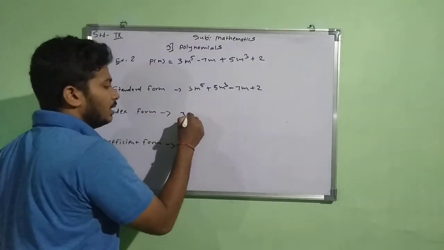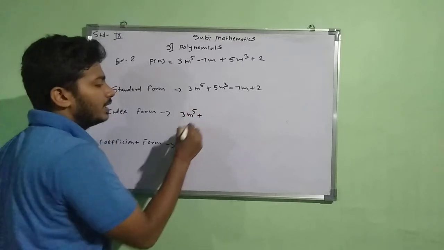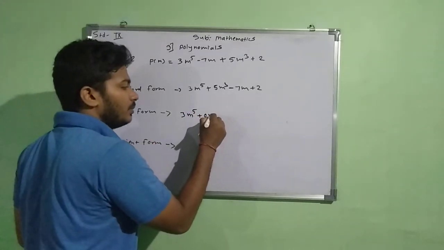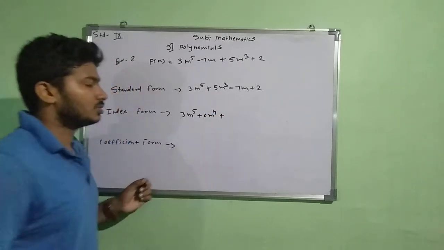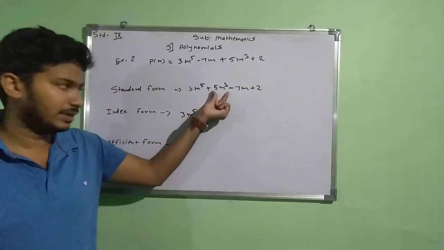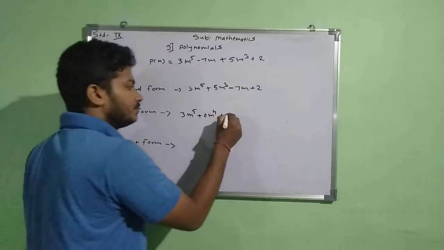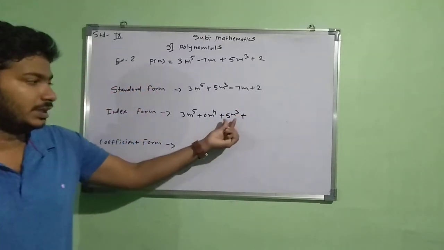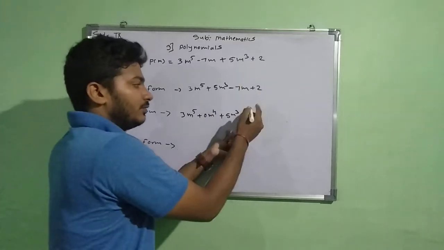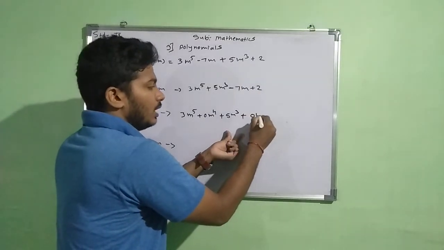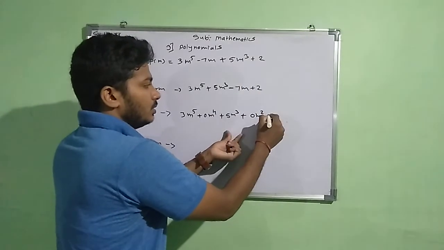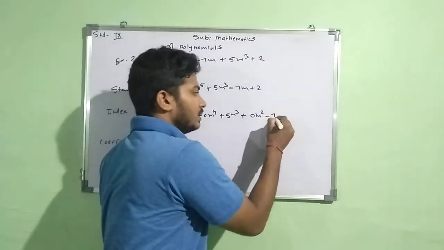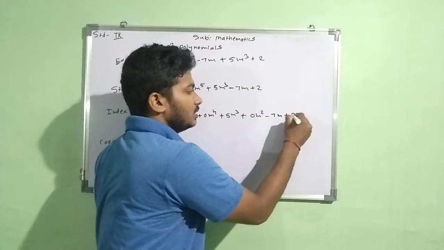So 3m raised to 5, after that the term with degree 4 will come, so that will be 0m raised to 4, plus the term with degree 3, which is 5m cube, plus the term with degree 2, which we don't have, so we introduce 0m square, then minus 7m, and plus 2.